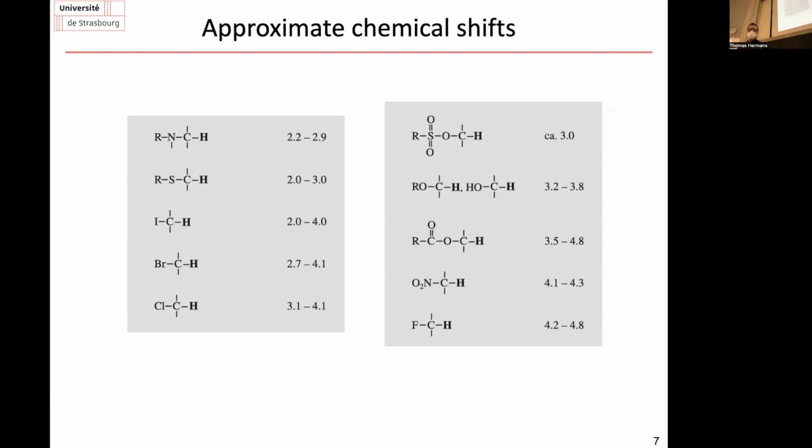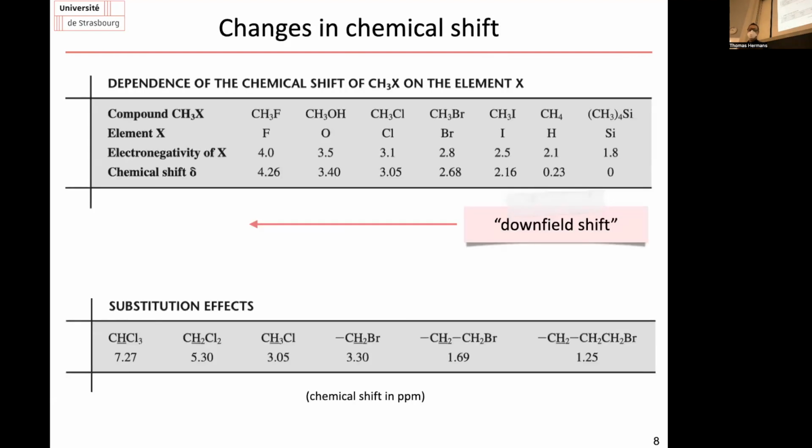We're not going to go through this, but we're going to look at some trends. If we look at a methyl group and we attach different elements here, look at this series. This is TMS, tetramethylsilane, whose chemical shift is set to 0.